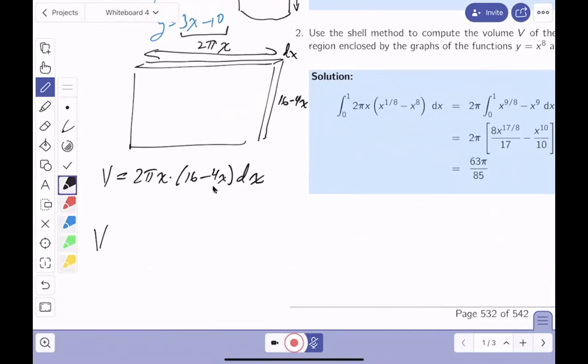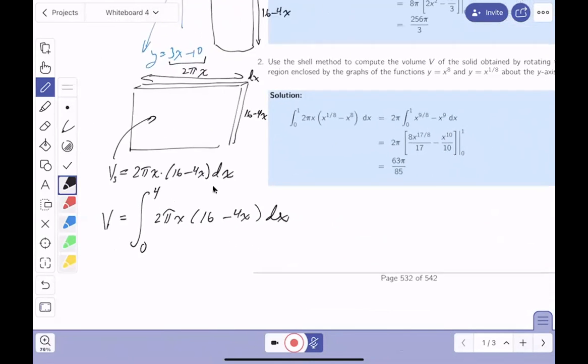This is the volume of a section. And now I'm going to do the volume of the whole thing. So it goes from 0 to 4, 2 pi x, 16 minus 4x dx.